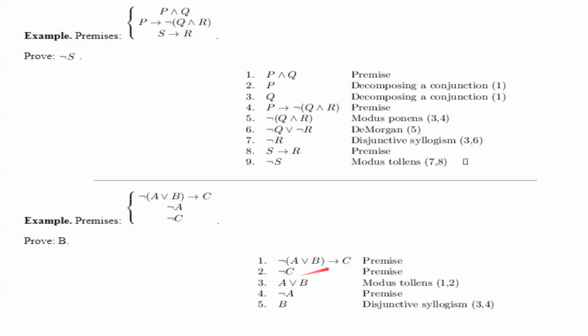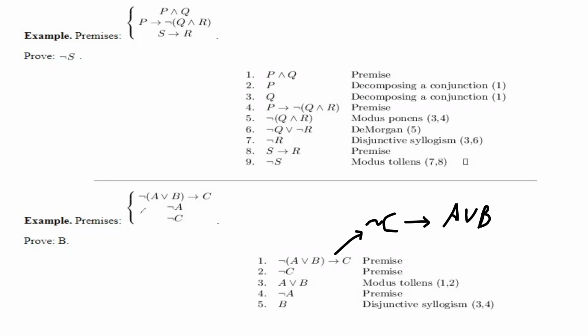If we take a contrapositive of this, it will mean negation of C implies A or B. So the contrapositive of this thing will be negation of C implies A or B.